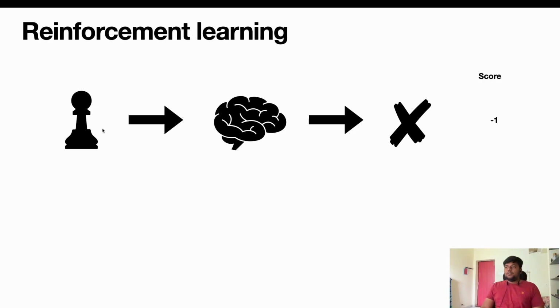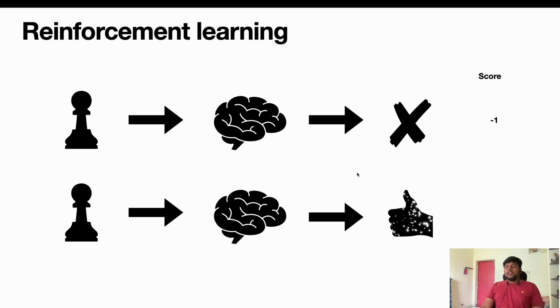So if this model plays this chess game and it loses, it will get a negative one score. That means it loses the reward. Again the model is playing the game and it wins this time. So it will again gain plus one score. That means each time it plays, it learns something new. Actually, it's tuning some hyperparameters.